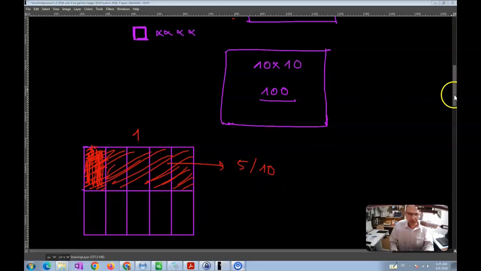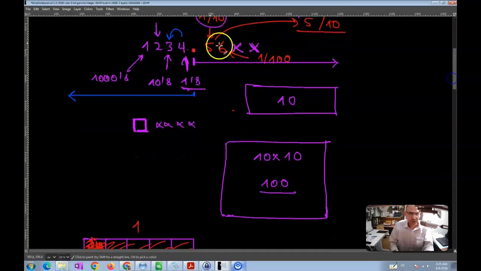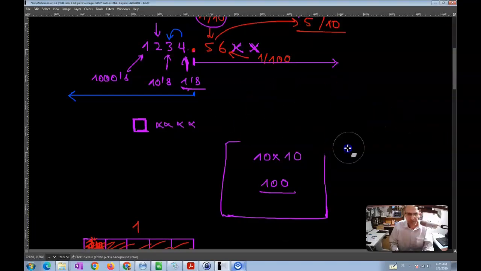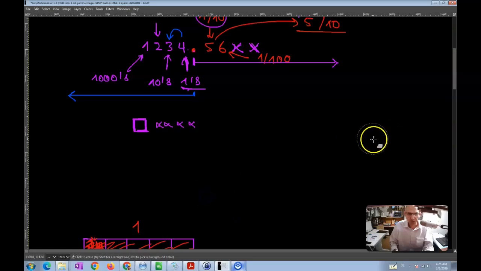Now, what is the meaning of this digit over here, which is this 6 in the 100th place value? The meaning of this digit is again very simple. First of all, this is 6/100, meaning 6 out of 100 equal parts.